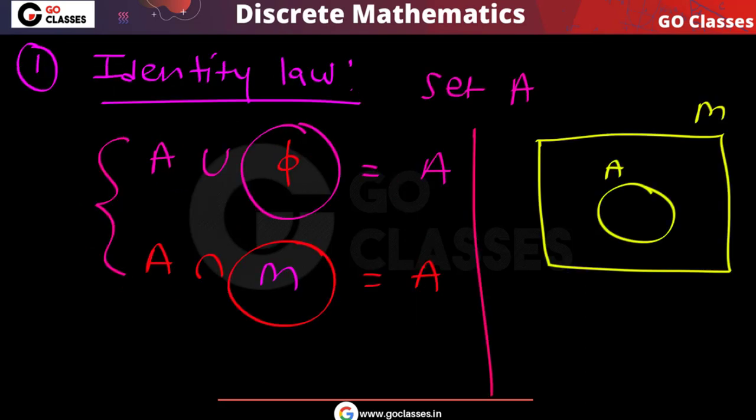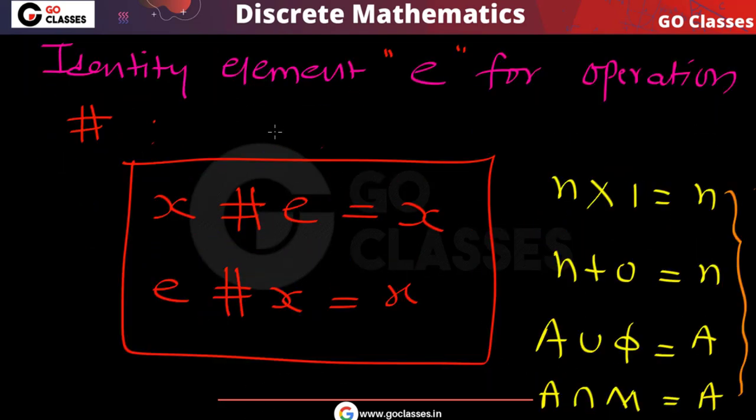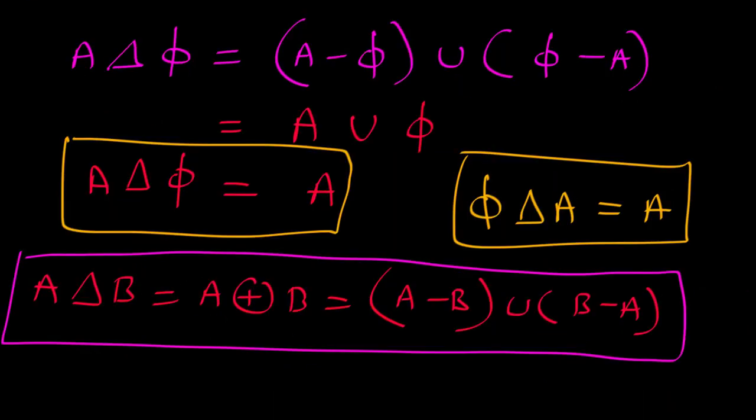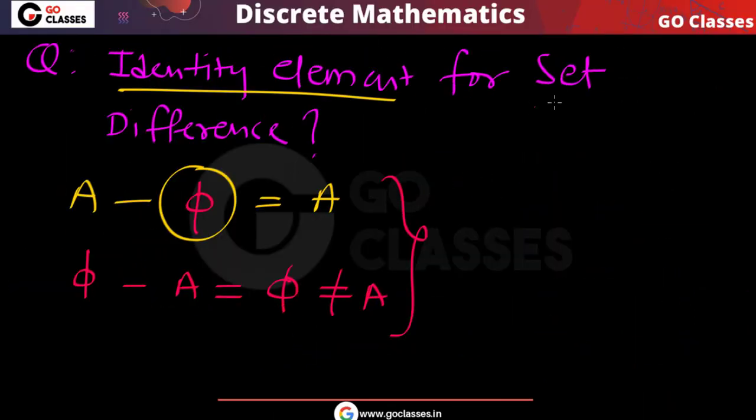Remember, the identity element should have both these properties: X hash E should be X, and E hash X should be X. Both these things must happen. But in set difference, A minus phi is A, but phi minus A is not A, it is phi.